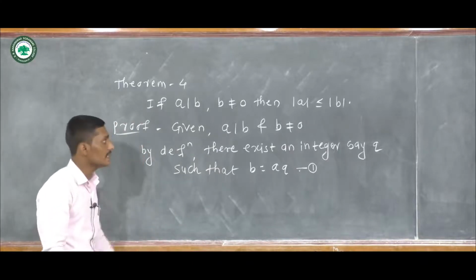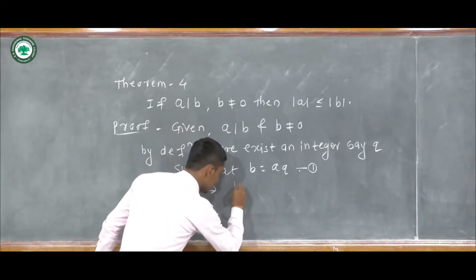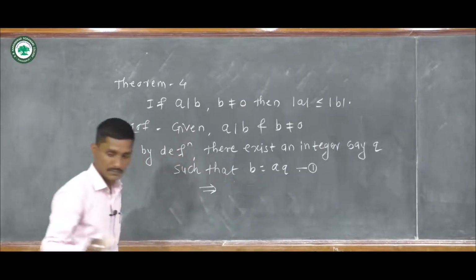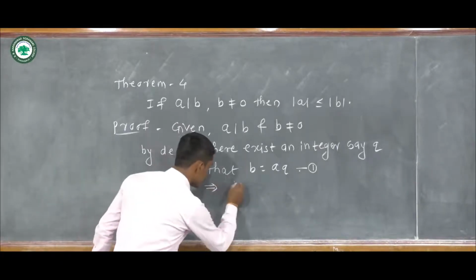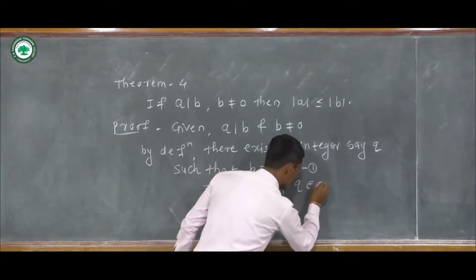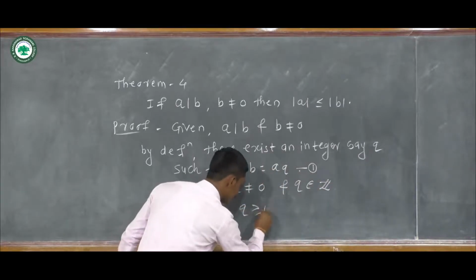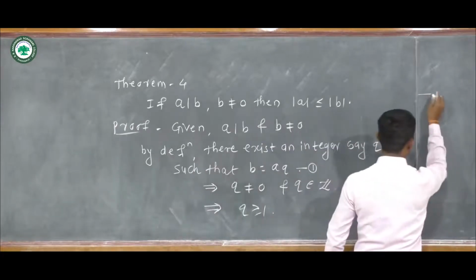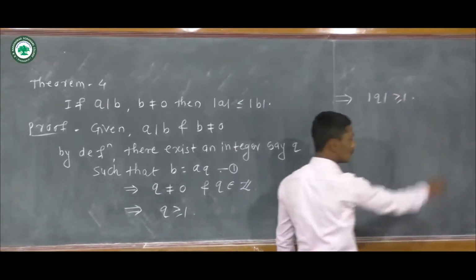By the definition of divisibility, q is also not equal to 0 and q belongs to the integers, hence q is greater than or equal to 1. Now taking absolute value, we get the absolute value of q is greater than or equal to 1.